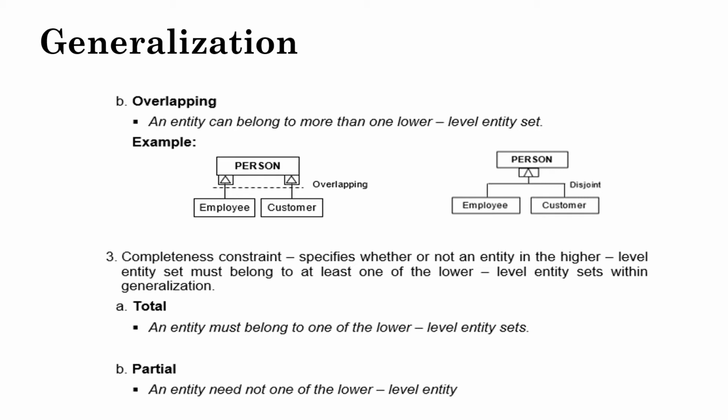If we say partial, an entity does not need to belong to one of the lower level entity sets. In the given example, we have person as the total entity, and the partial entities would be the employee and the customers.